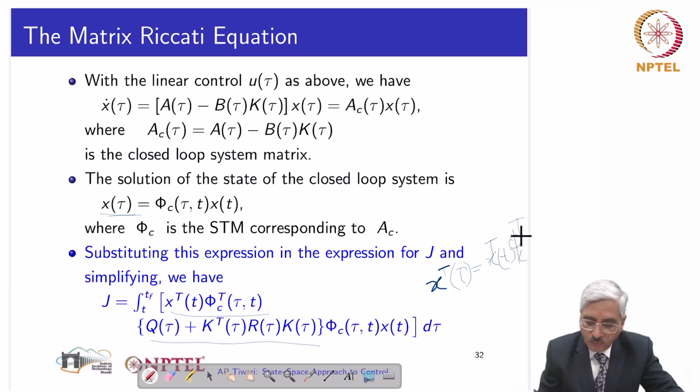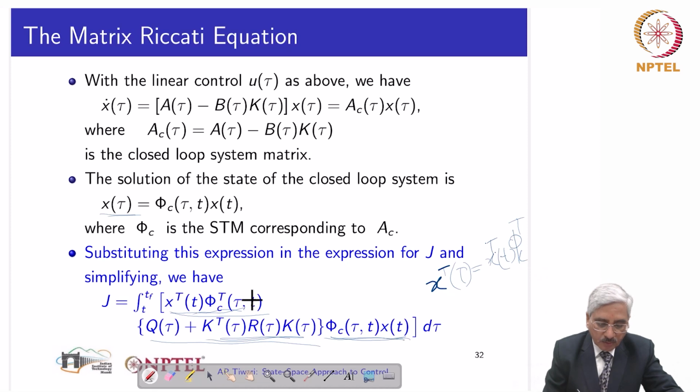So in x transpose Qx, on the left we get x transpose phi_C transpose, and on the right phi_C into x(t), and K transpose RK comes because we are substituting u equal to Kx, and x again becomes phi times x at initial time.